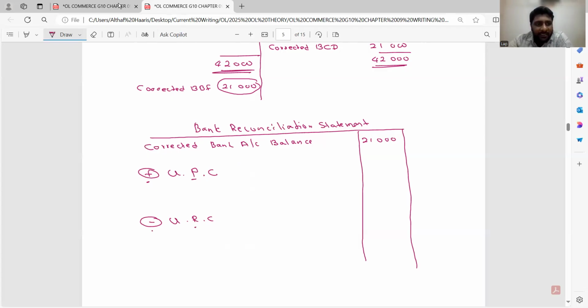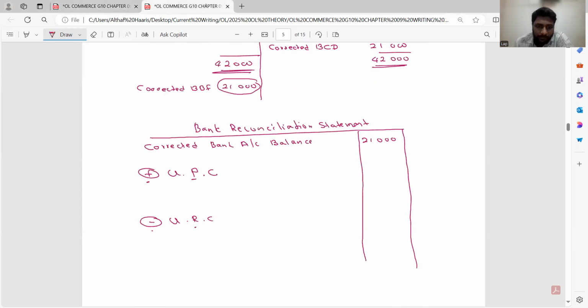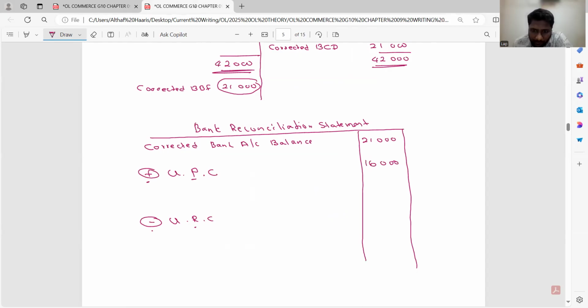So unpresented checks, how much did we have in this question? Unpresented 16,000. Deduct the unrealized checks. Unrealized checks, how much did we have in the question? 14,000.